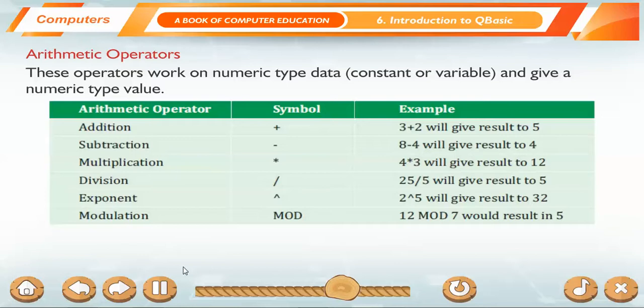Multiplication: 4 * 3 will give the result 12. Division: 25 / 5 will give the result 5. Exponent: 2 ^ 5 will give the result 32. Modulus: 12 MOD 7 would result in 5.